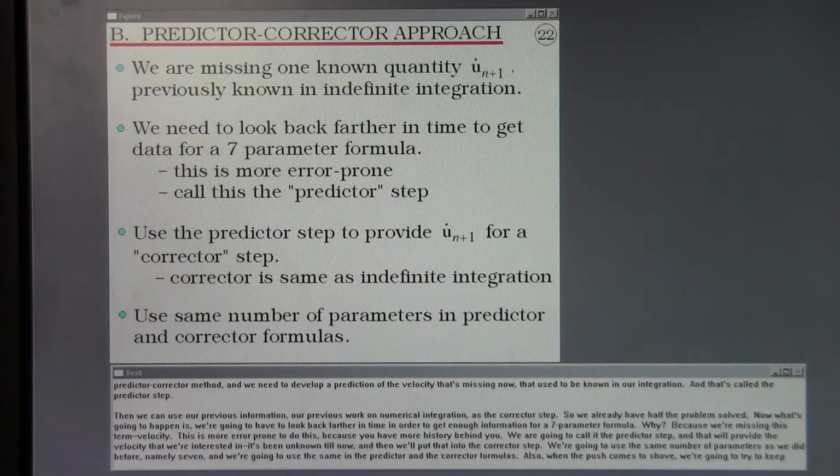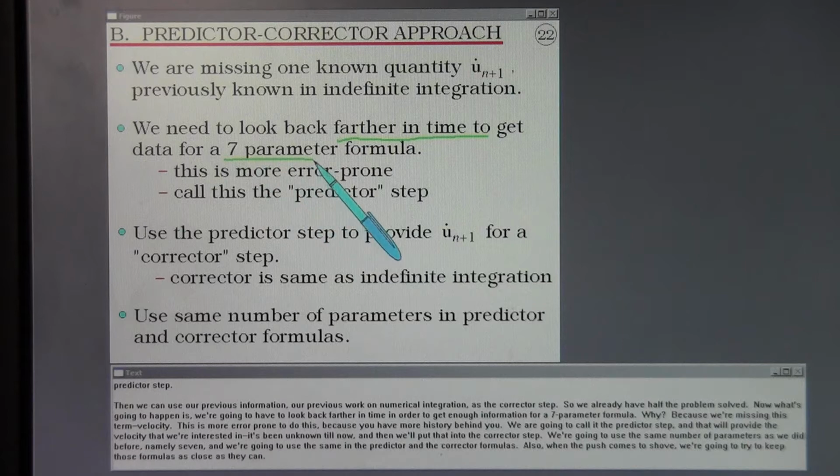So we already have half the problem solved. Now, what's going to happen is we're going to have to look back farther in time in order to get enough information for a 7-parameter formula. Why? Because we're missing this current velocity. This is more error-prone to do this because you have more history behind you. We are going to call it the predictor step.